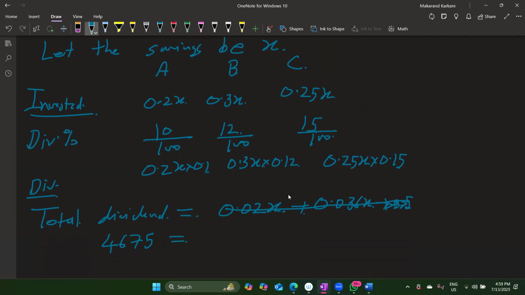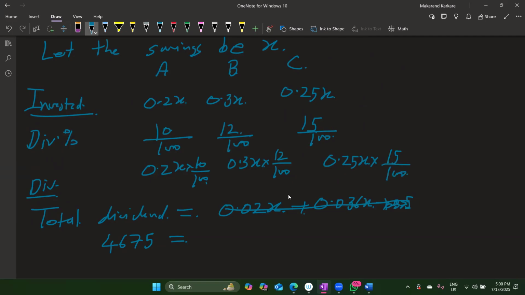Why don't I, instead of taking this as 0.1, 0.2, etc., I will just take them to be 12 upon 100, etc. So this becomes x into 10 upon 100, into 12 upon 100, and into 15 upon 100.